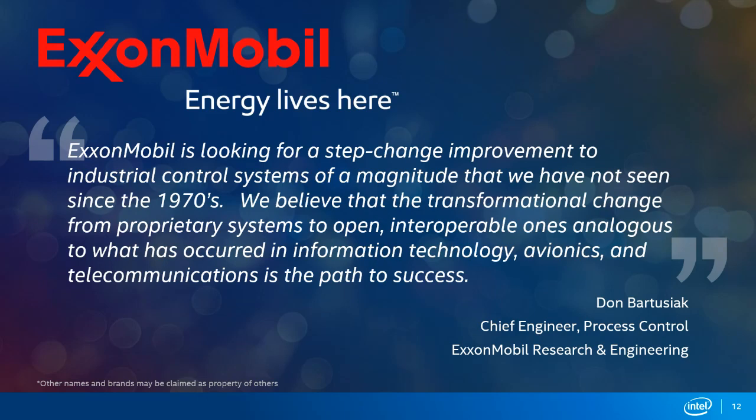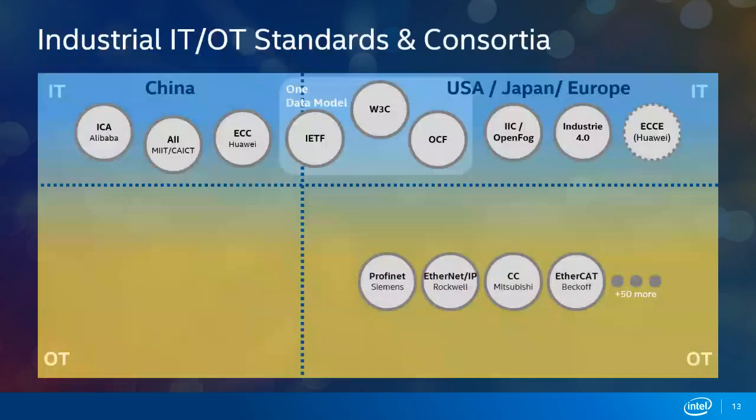So the next four slides, I'm going to get into a lot of detail. I'm not going to be able to cover all of it, but this is a glimpse into what Darren and I do on a daily basis. The first is looking at the industrial IoT, really an IT and OT standards and consortia landscape.